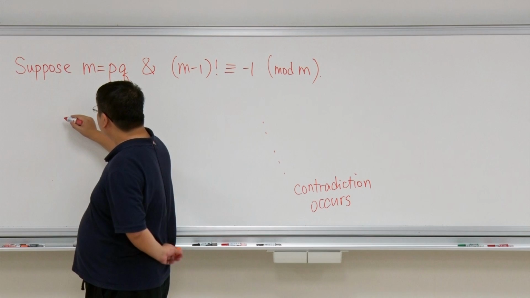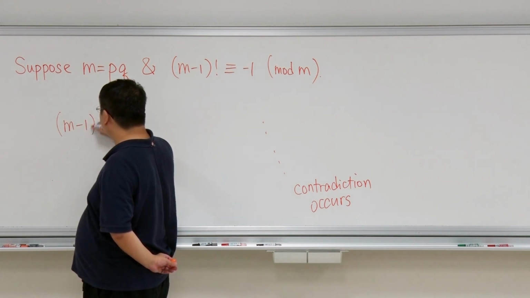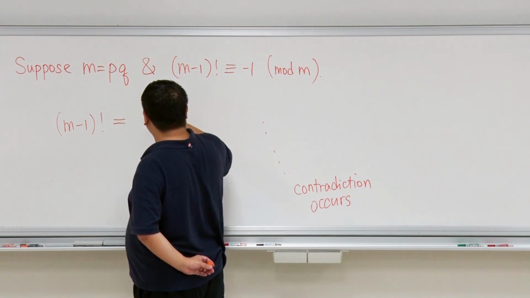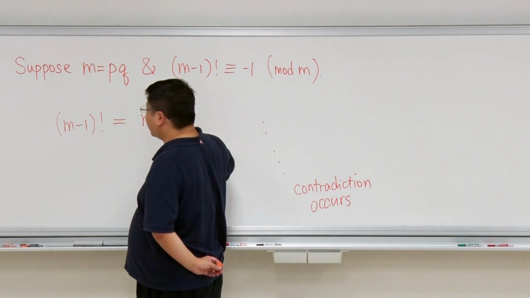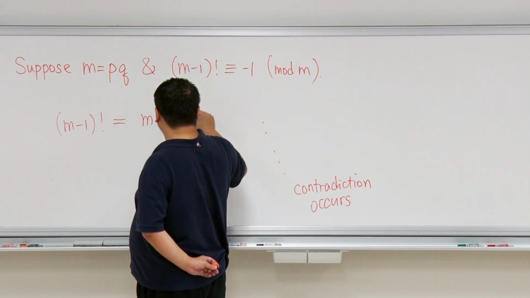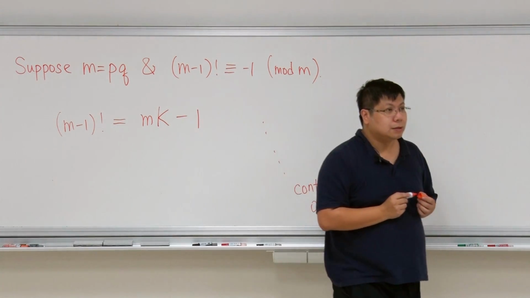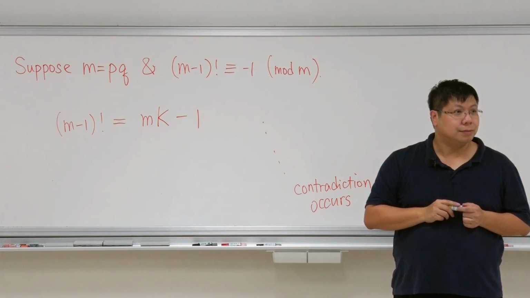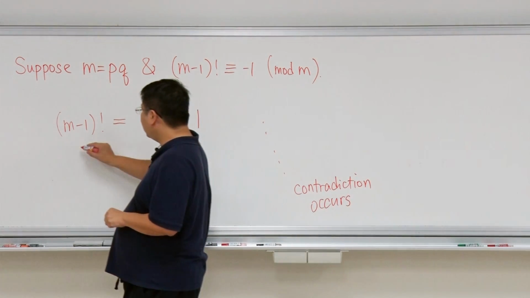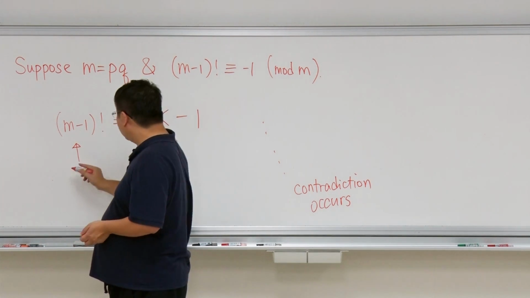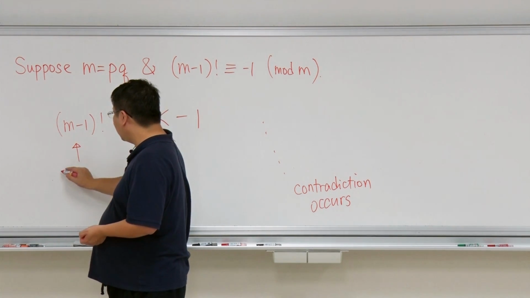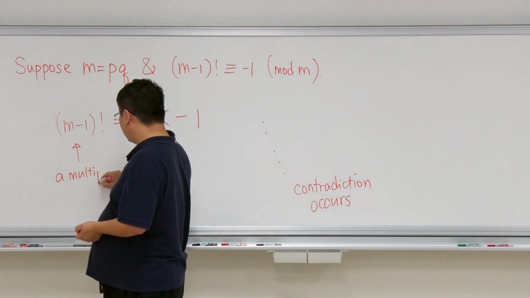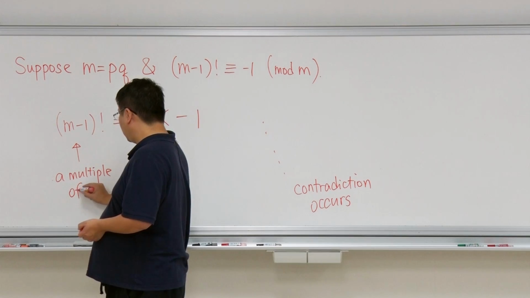So what does that mean? It means that m minus 1 factorial is equal to m times some number k, minus 1. Am I correct? So this is the definition of modulo operation. Is that okay? Now, this side, m minus 1 factorial is a multiple of p.